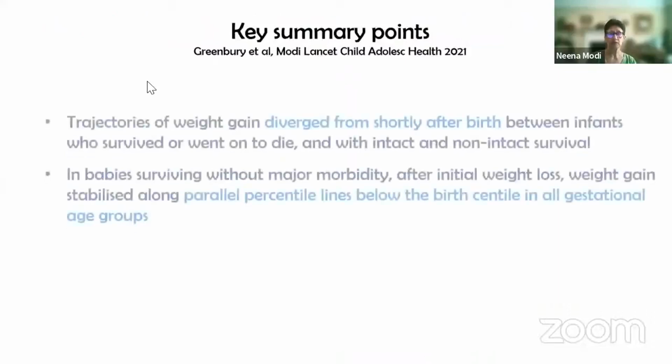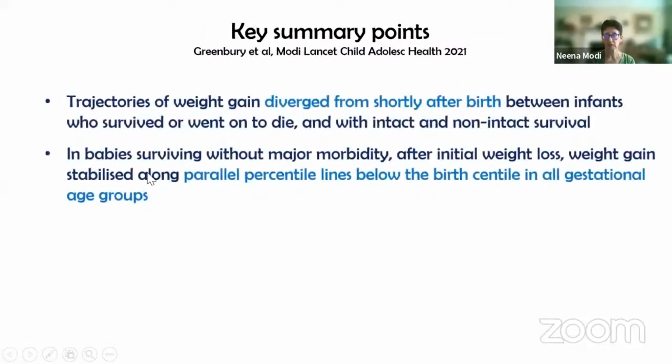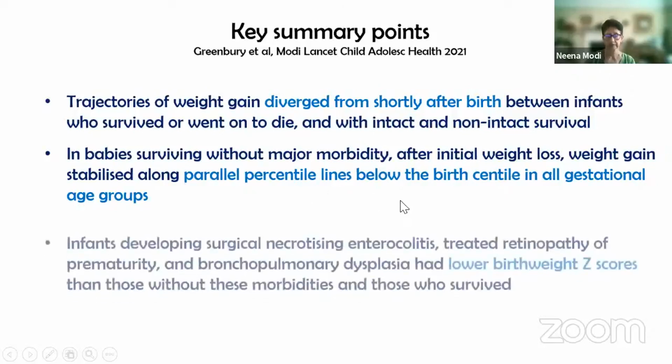So the key summary points from this paper are that trajectories of weight gain diverged from shortly after birth between infants who survived or went on to die, and with intact and non-intact survival. In babies who survived without major morbidity, after that initial period of weight loss, weight gain stabilized along parallel centile lines in all gestational age groups.